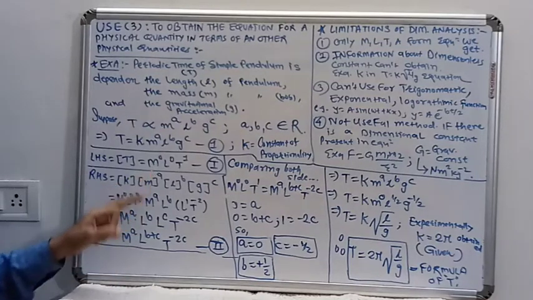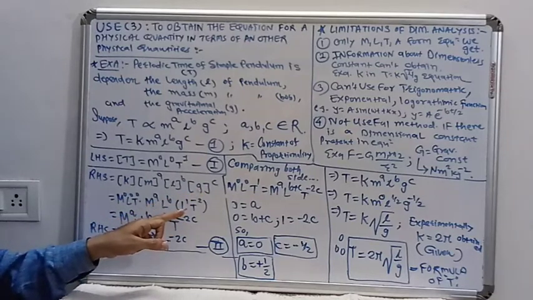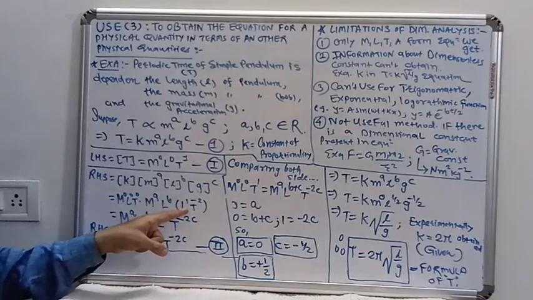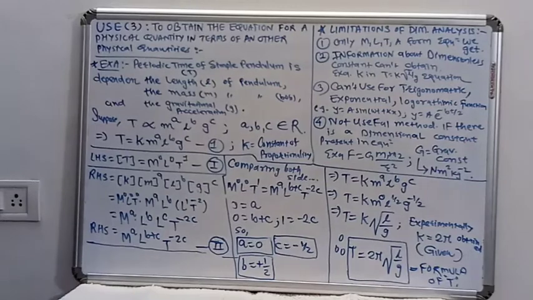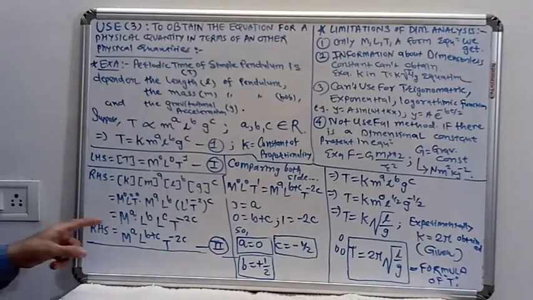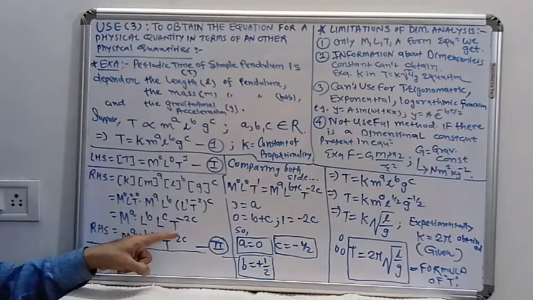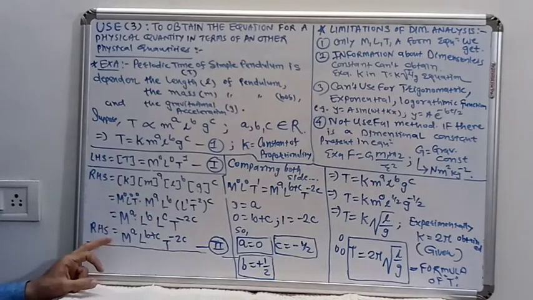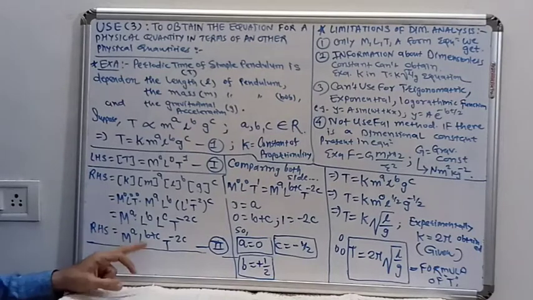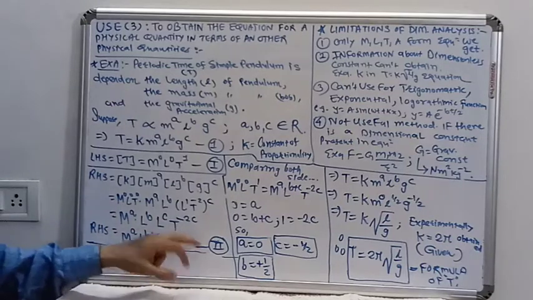Mass raised to a, l raised to b, and g is L^1 T^-2, raised to c. So it is equal to M^a, L^b, L^c, T^-2c. So the right hand side is M^a L^(b+c) T^-2c. This is the second equation.